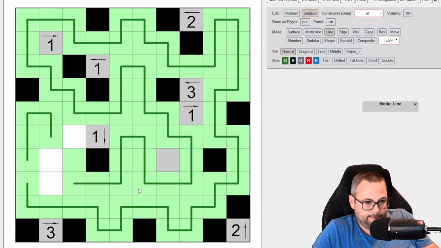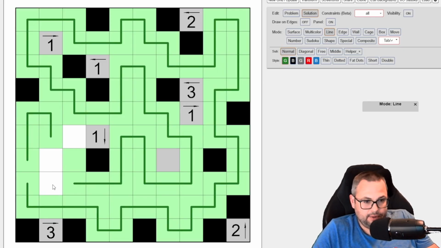But the problem is that if I'm making an even number of them black, this is never black. And so I'm either making both of these black or neither of these black.